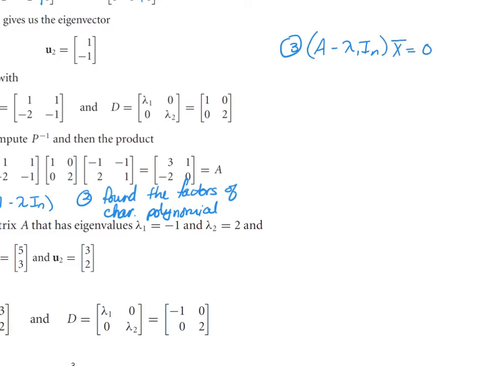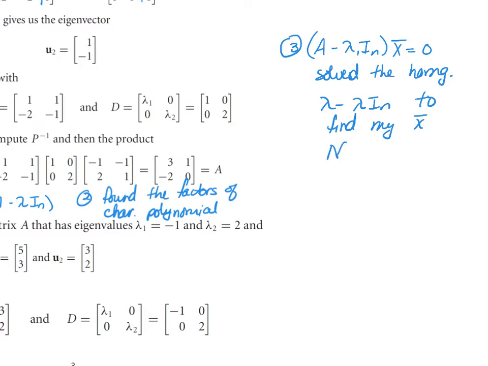So I solved the homogeneous system of A minus lambda I sub n to find my eigenvectors. And the way we did that, that was the null space. To remember, it was the null space of A minus lambda 1 I of n.